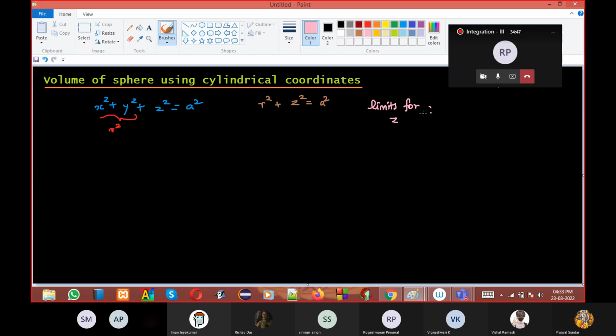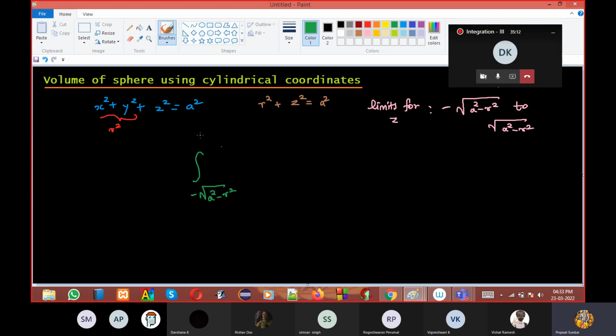Always I'm doing this. The limits for z are minus root of a squared minus r squared to plus root of a squared minus r squared. Simple, na? Same integral you will do.